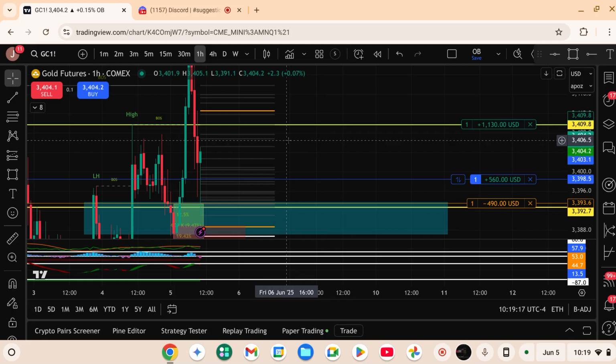If you're in profit, you can walk away with 500 in profit instead of getting greedy. Take what the market gives you in these market conditions.